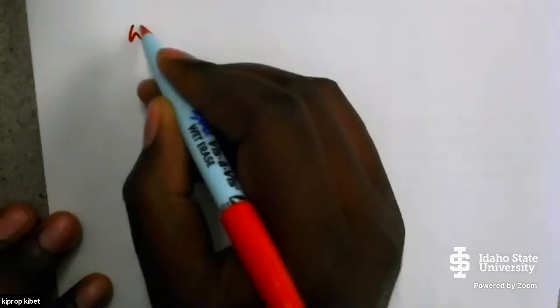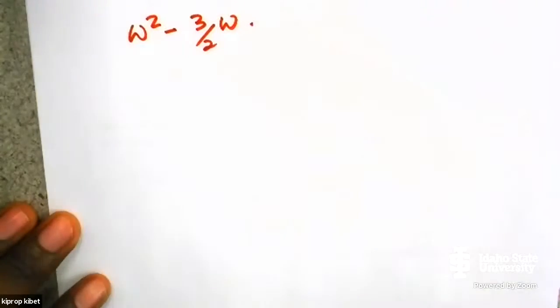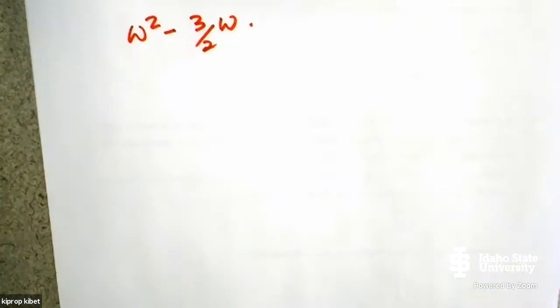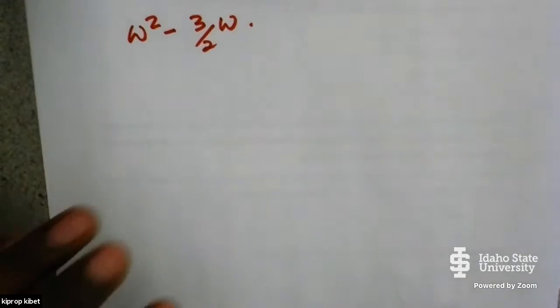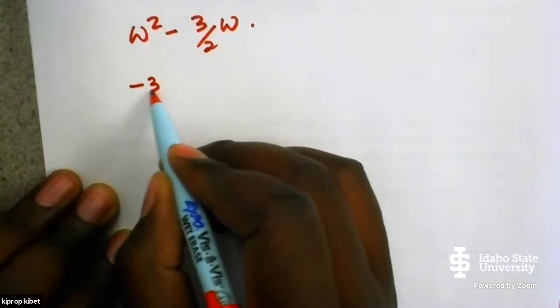Okay, another similar one here: w squared minus 3 over 2 w. Write that in trinomial form, and then write it again as a binomial squared. What is our coefficient of w? Minus 3 over 2.